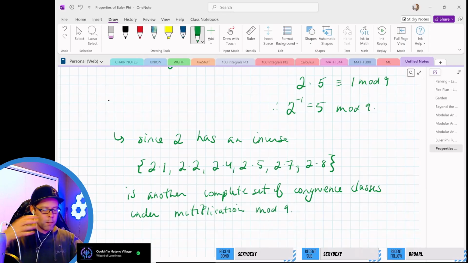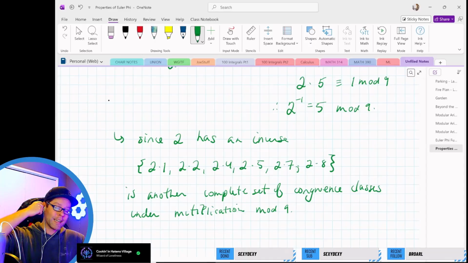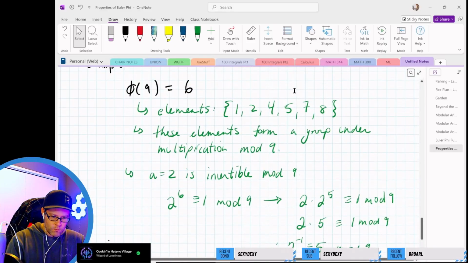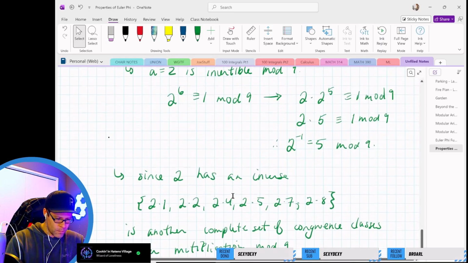Now remember, we're working in multiplication mod 9 here, not addition mod 9. But this complete set should be equivalent to the set that we have up here of 1, 2, 4, 5, 7, and 8.